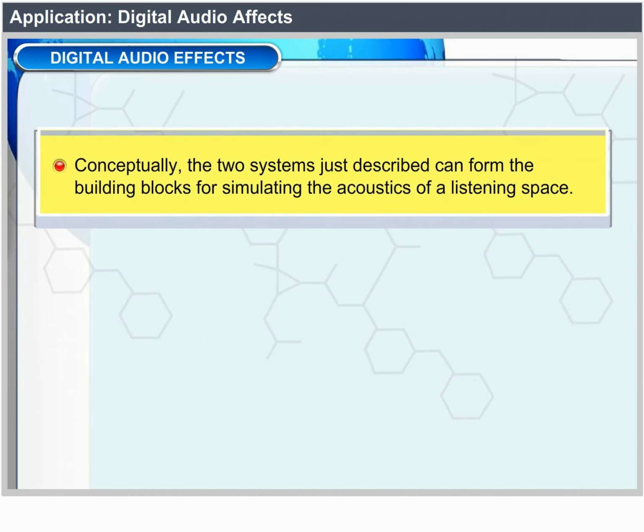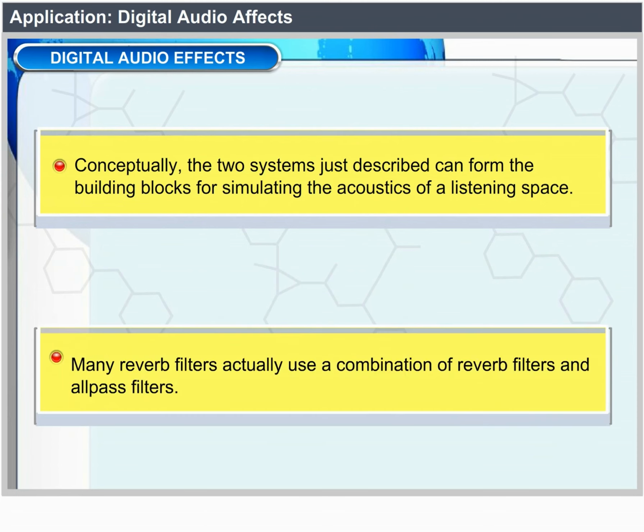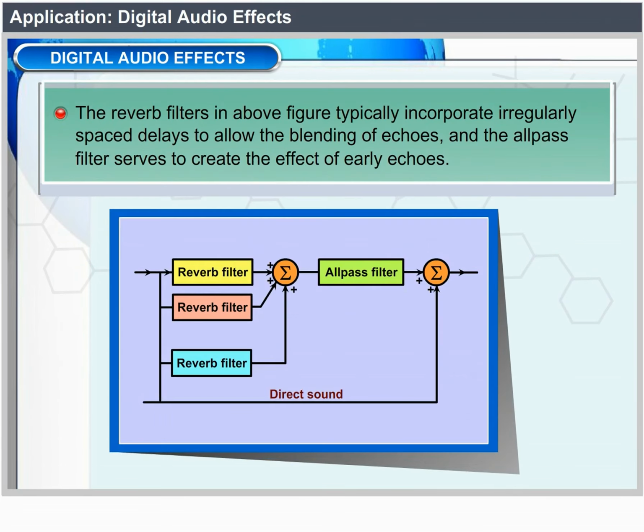Conceptually, the two systems just described can form the building blocks for simulating the acoustics of a listening space. Many reverb filters actually use a combination of reverb filters and all-pass filters. The reverb filters in the above figure typically incorporate irregularly spaced delays to allow the blending of echoes, and the all-pass filter serves to create the effect of early echoes.